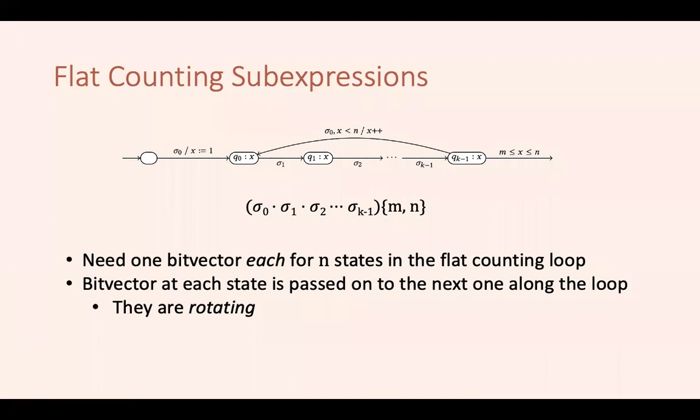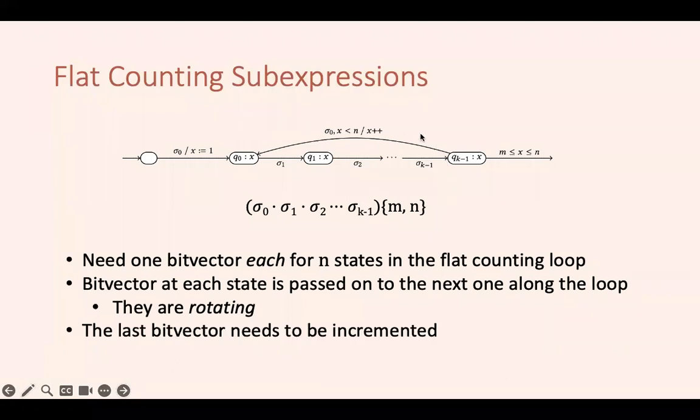They are rotating, and so along these edges the bit vectors are rotating, and along the back edge, the last bit vector has to be incremented, because of the increment on the edge, and this can be done by the left shift, as we saw.